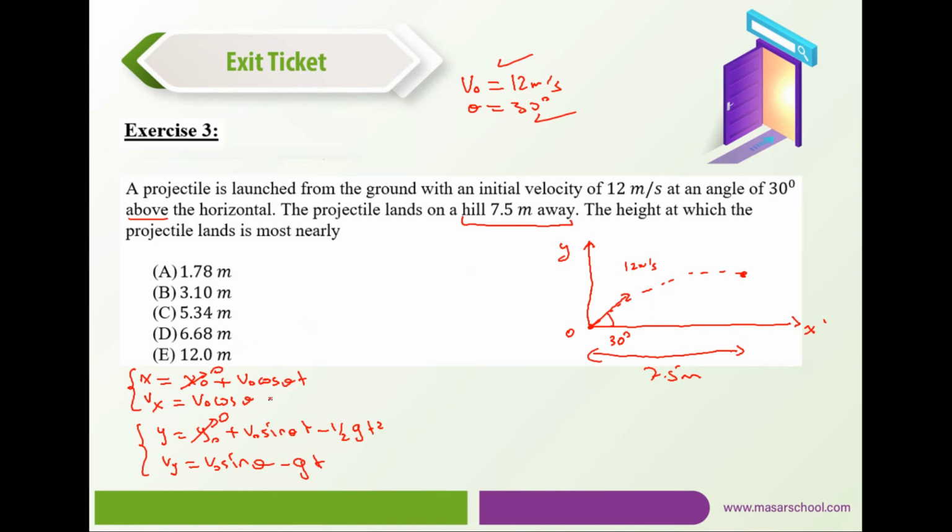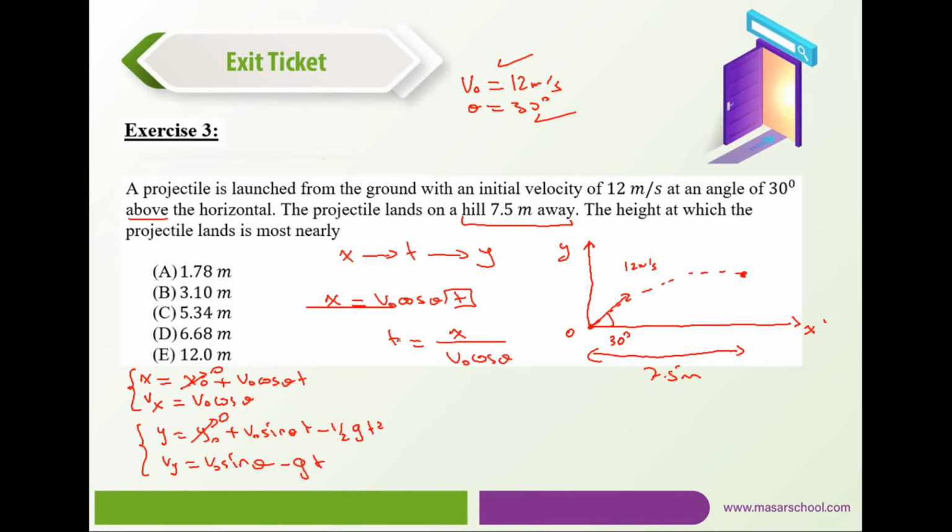Basically, how we're gonna analyze the problem: since we have x, from x we can determine t, and if we have t, we can determine y. So let me show you. Using this equation, x is equal to v0 cosine theta t, we can isolate t. Then t would be given by x over v0 cosine theta.